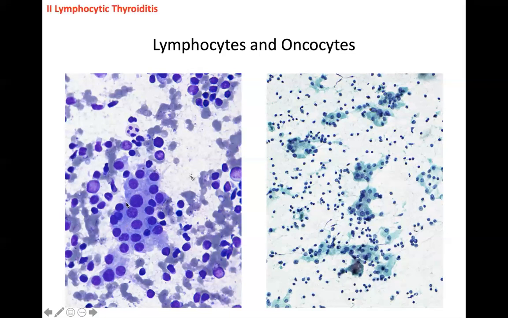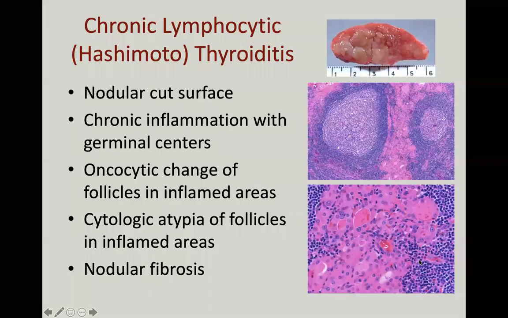And this is where correlation with ultrasonographic features might be helpful, right? So if there is a diffusely enlarged thyroid with some vague nodularity, and the patient has a history maybe of some non-euthyroid, some hyperthyroidism, you may actually think that this is just lymphocytic thyroiditis, because we know that in the disease of Hashimoto's, there is diffuse lymphocytic inflammation of the background thyroid, along with oncocytic metaplasia.